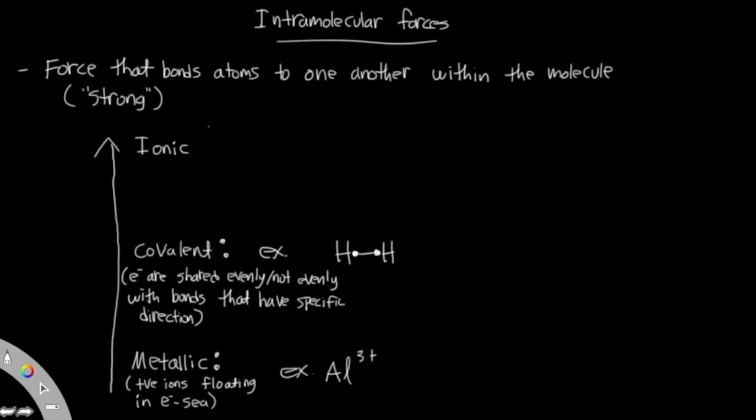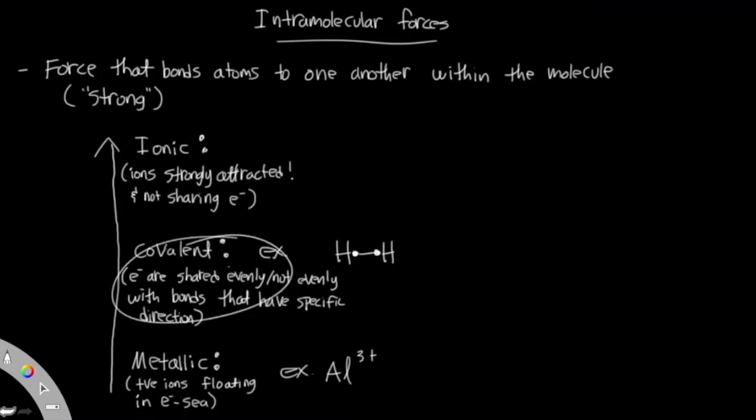Next we have ionic. Now for an ionic, it's when the ions are strongly attracted. So when the cations and the anions are strongly attracted, and not sharing electrons.